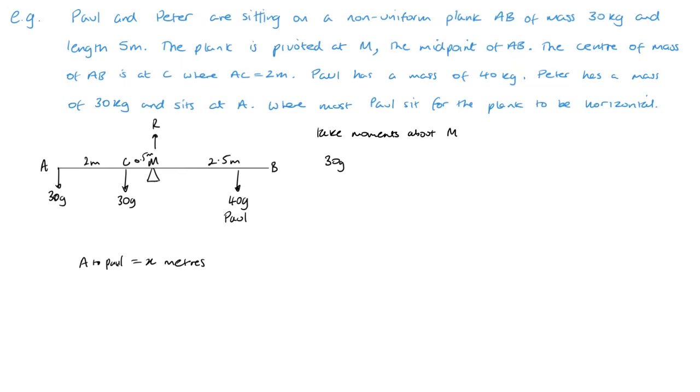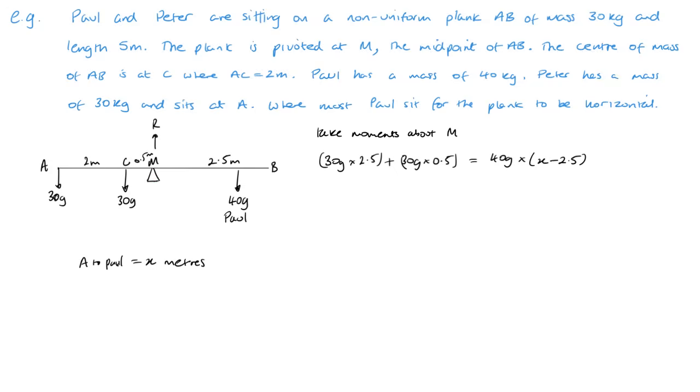So 30g times 2.5 plus 30g times 0.5. Those are the ones going anti-clockwise. The ones going clockwise will be Paul's weight, which is 40g times x minus 2.5, since x goes all the way to A. That will be the distance to M here.